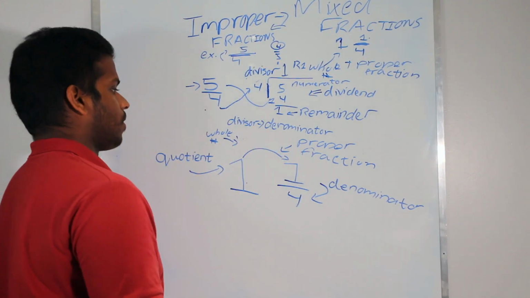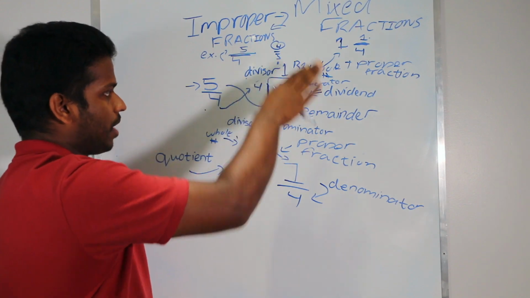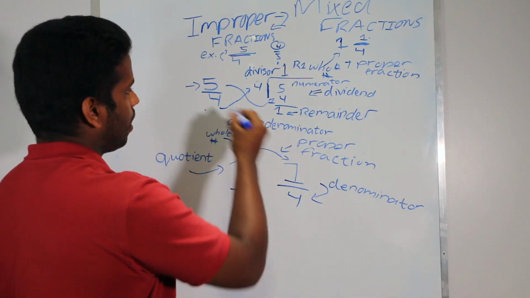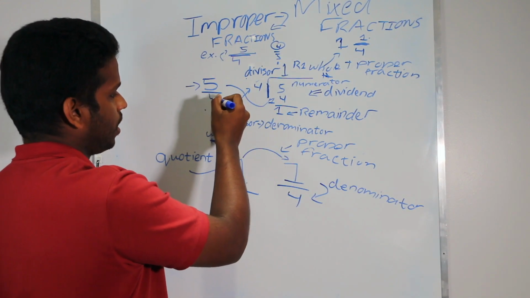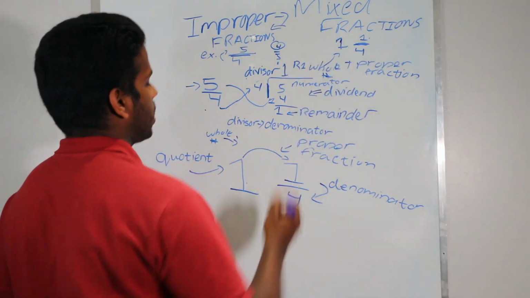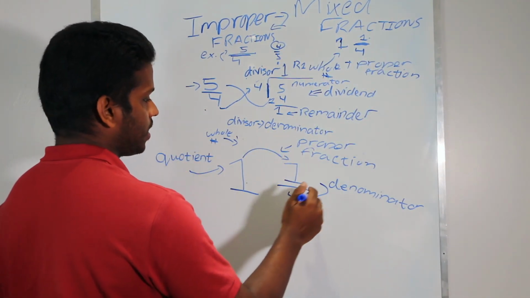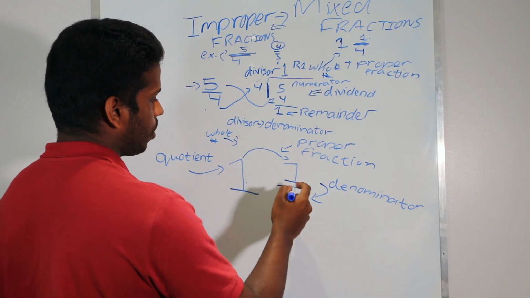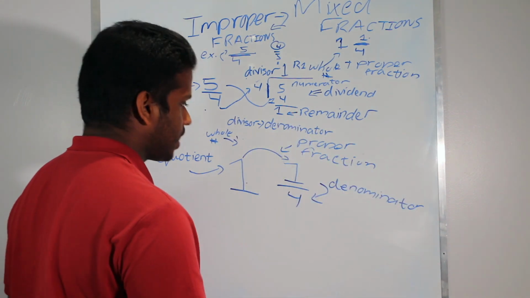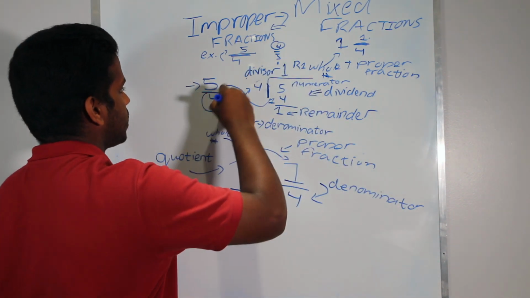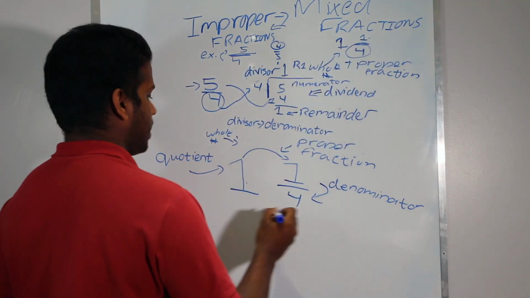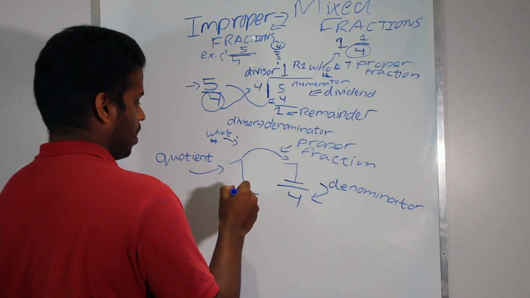Now we just have to plug in all the numbers we got. The denominator of the improper fraction stays the same no matter what, 4 or whatever, even if it's 5. The denominator stays the same.